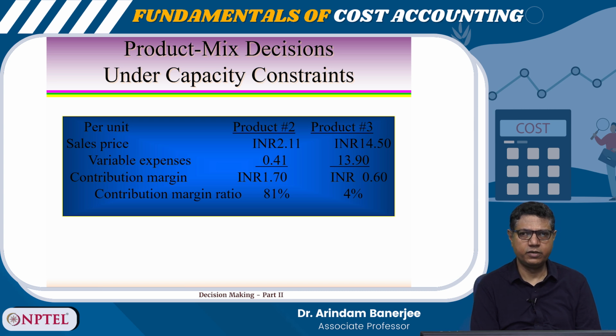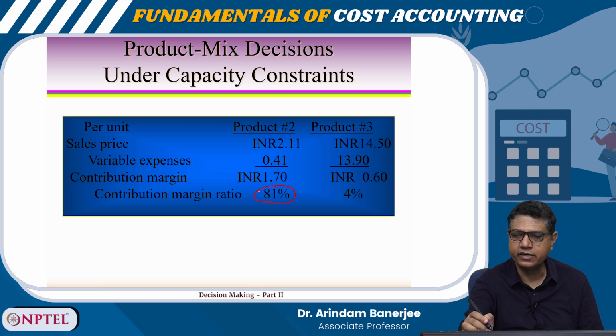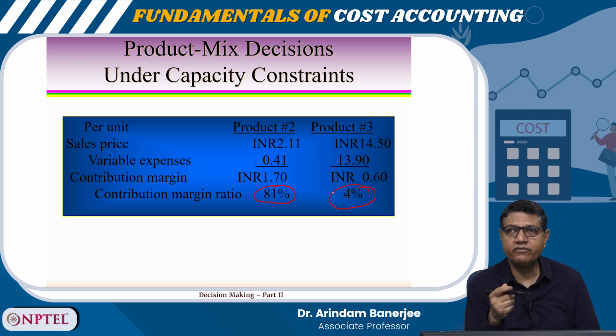The contribution margin ratio for product 2 is 81% and for product 3 it is 4%. So from this it is clear that we should prefer product 2, because its contribution margin is very high compared to product 3.